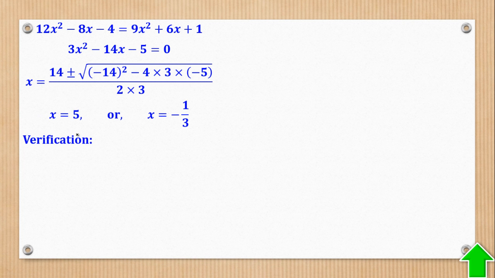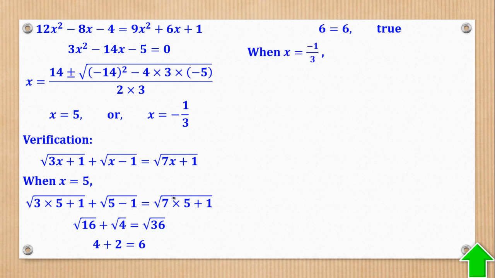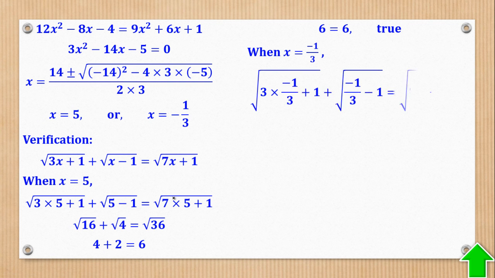So that's what they wanted, but you need to verify. For questions involving square roots, you need to verify. So let's see when x is equal to 5. Substitute 5 here, here, here, and simplify to see if the left hand side is equal to the right hand side, which is true. Then when x is equal to -1/3, substitute, simplify.